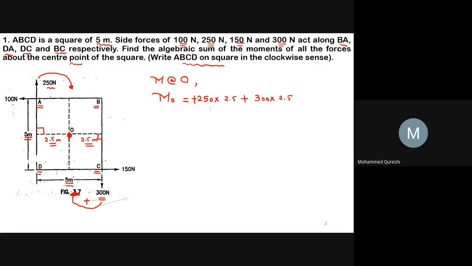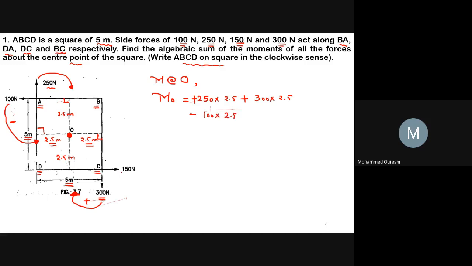This 100 Newton force will come closer to point O in this direction, but this is our anti-clockwise direction, hence it will be taken as minus, and total distance is given as 5 meter. So this will be your 2.5 meter and this will be your 2.5 meter. So I will write here minus 100 into 2.5.